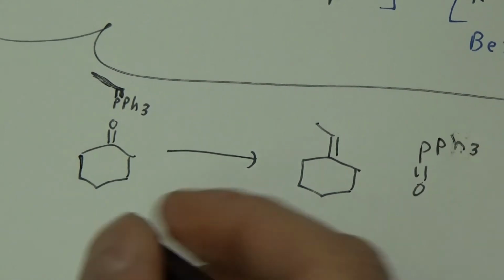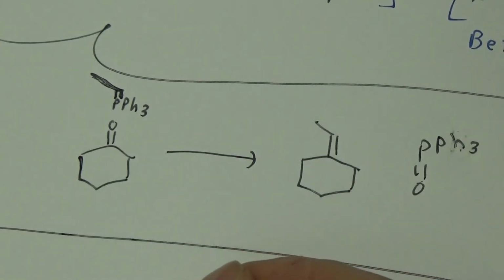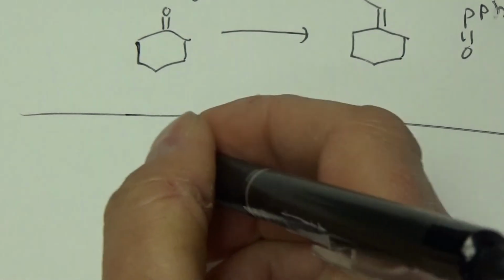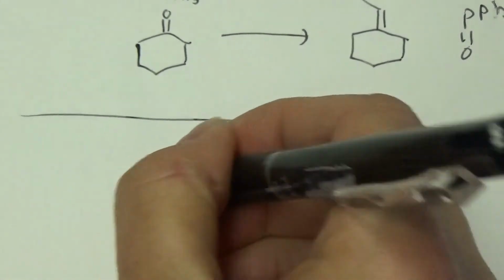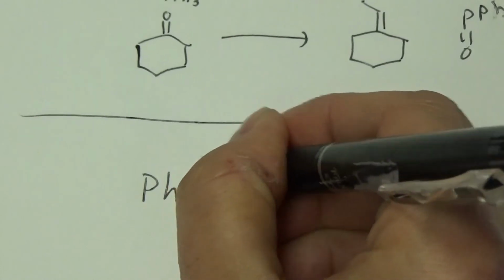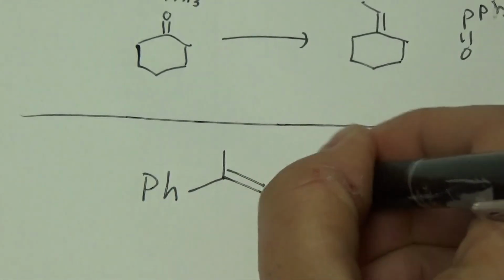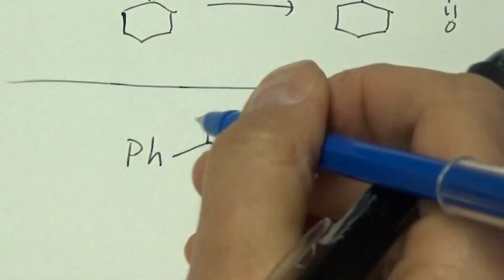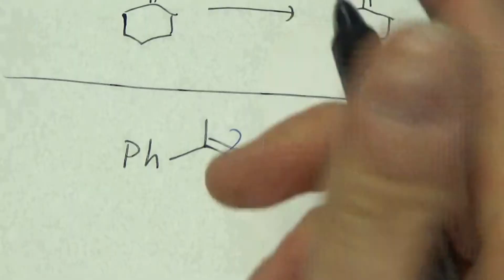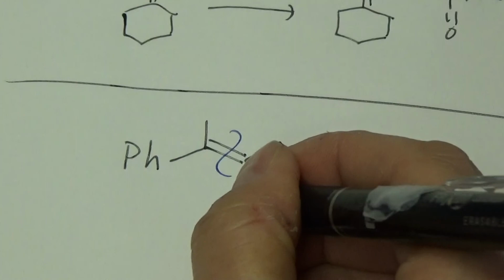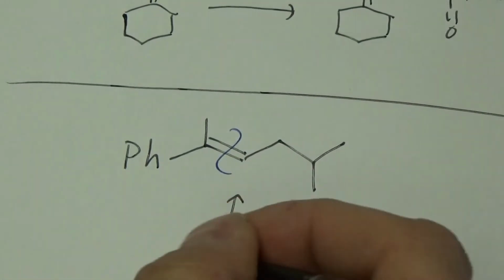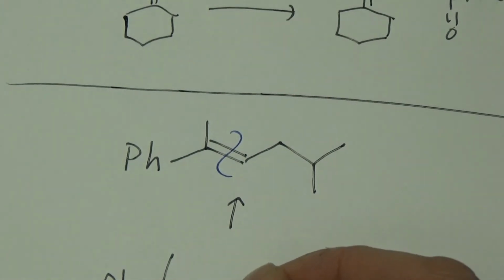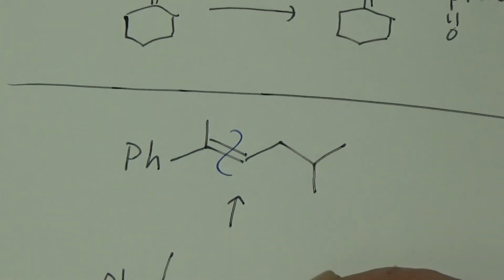One more thought. If I was making this alkene, how could I do it kind of going backwards? I could envision we're going to make it from, I don't know, maybe a ketone and Ph3P.